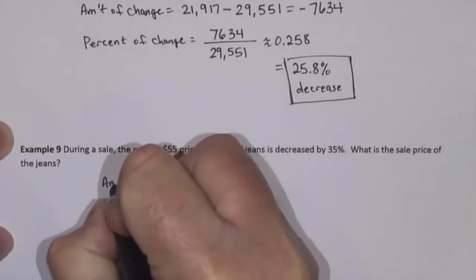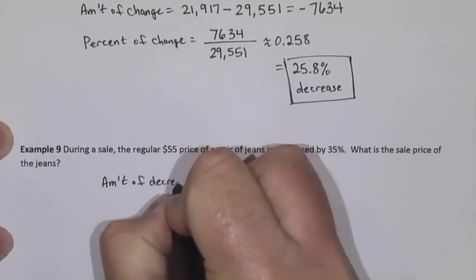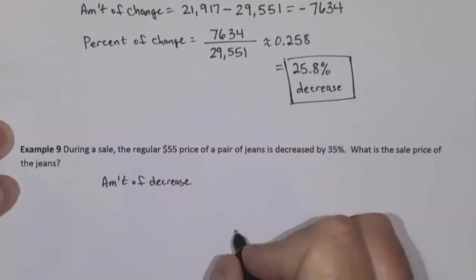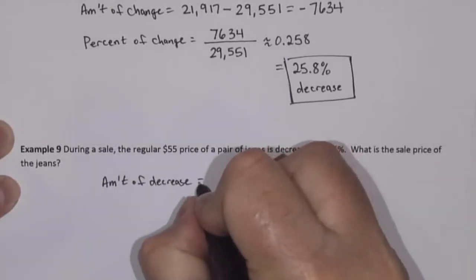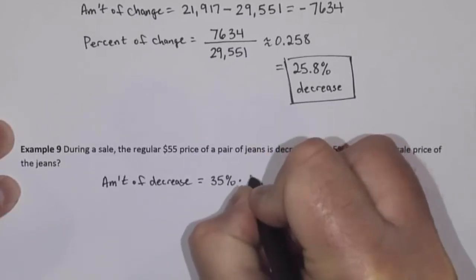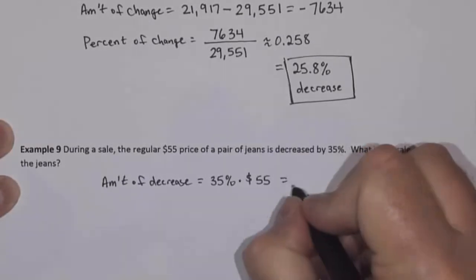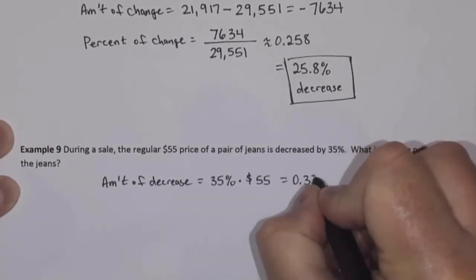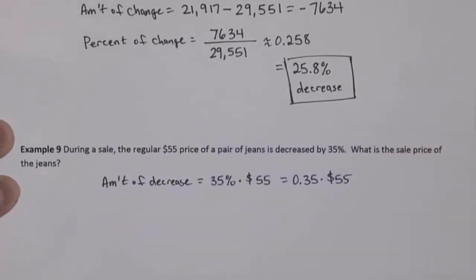So the amount of decrease in the price of the jeans is going to be 35% of our base amount. So that is just going to be 35% of the $55. Now 35% as a decimal is 0.35, so I'm going to take 0.35 times the $55.